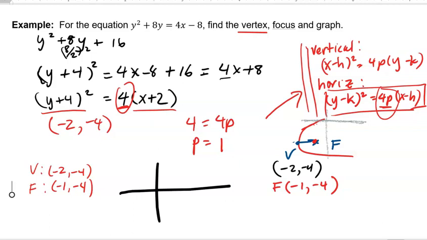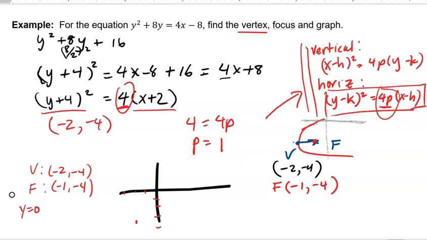But realizing that our vertex is a point on the graph, I will put that point there, -2, -4. And we know that it is right-facing. And if we wanted to calculate another point, we could perhaps let y equal 0.